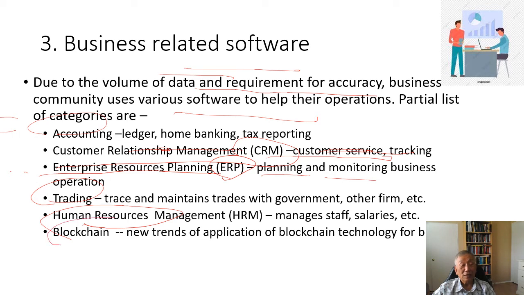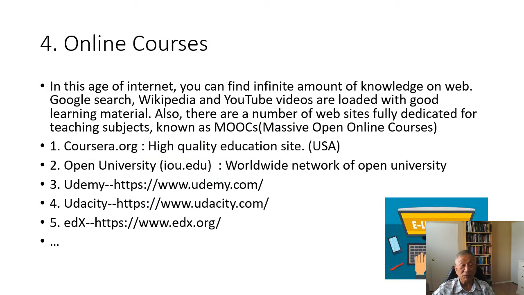And this is something new maybe, but blockchain these days they're talking about; blockchain is a new field. So there are a lot of programs, and these things are already open for the general public. But at least you have ERP and CRM that you will hear a lot. And of course, accounting-wise, ledger and home banking, tax reporting, those kinds of utilities.